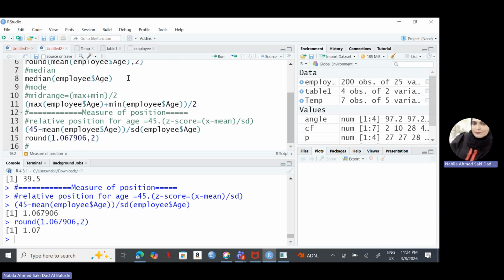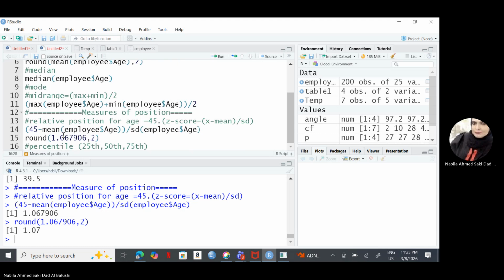The next measure of position is percentile. We have the 25th percentile, 50th percentile, and 75th percentile. These are also known as the quartiles.